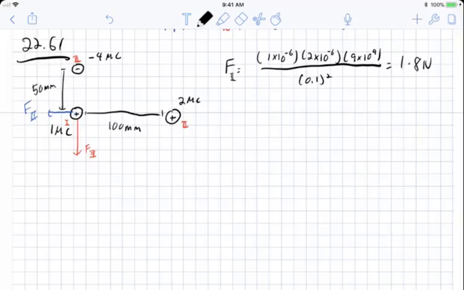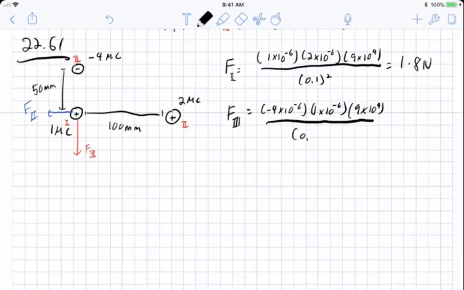Okay. The third force, I'm just going to use different distances, and it's closer. So it's minus 4 times 10 to the minus 6 times 1 times 10 to the minus 6 times 9 times 10 to the 9 divided by 0.05 all squared.